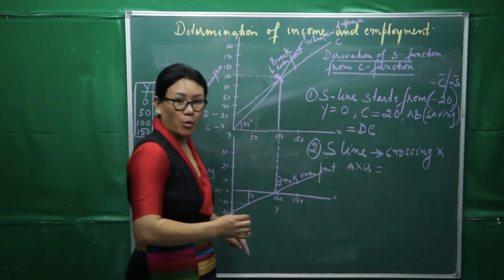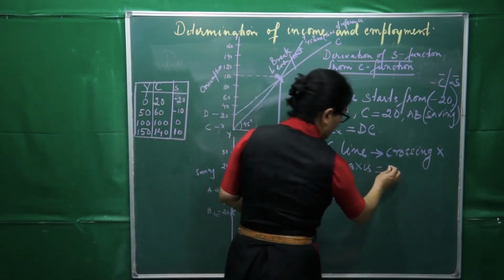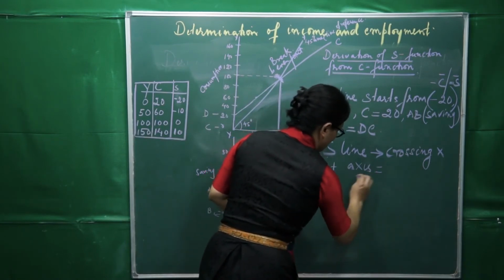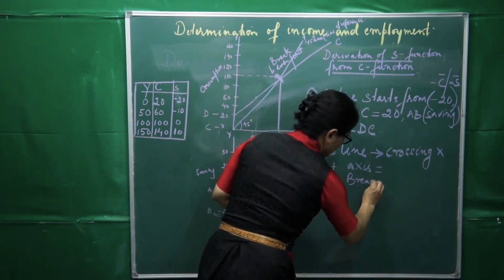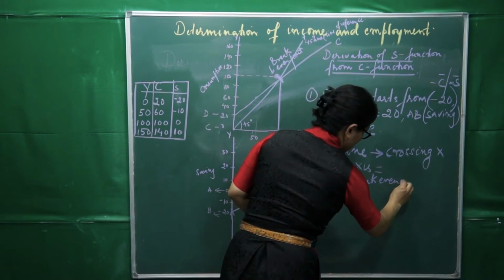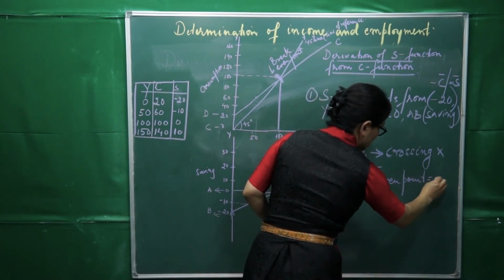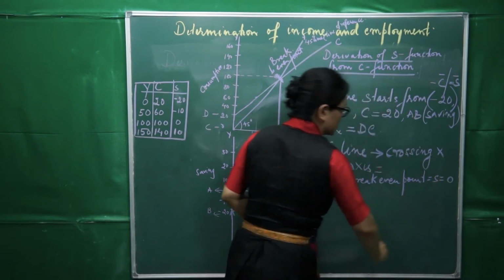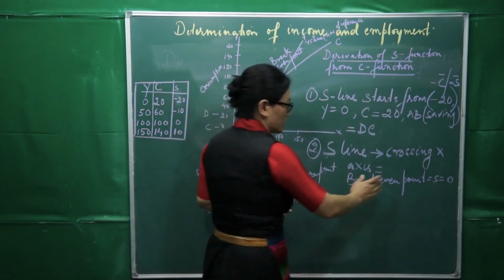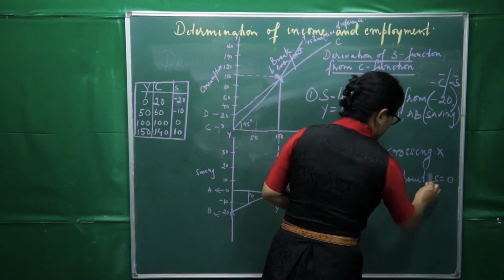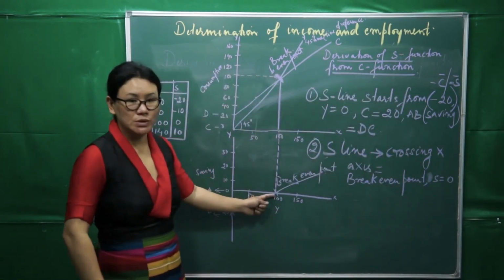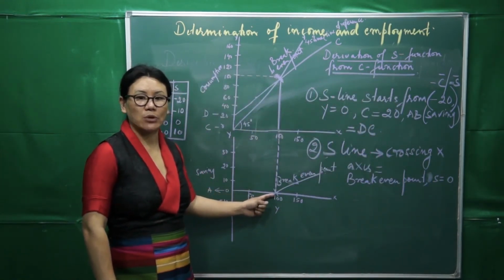So at this break-even point, what happens? At the break-even point, saving is equal to 0. It shows S is equal to 0 here.